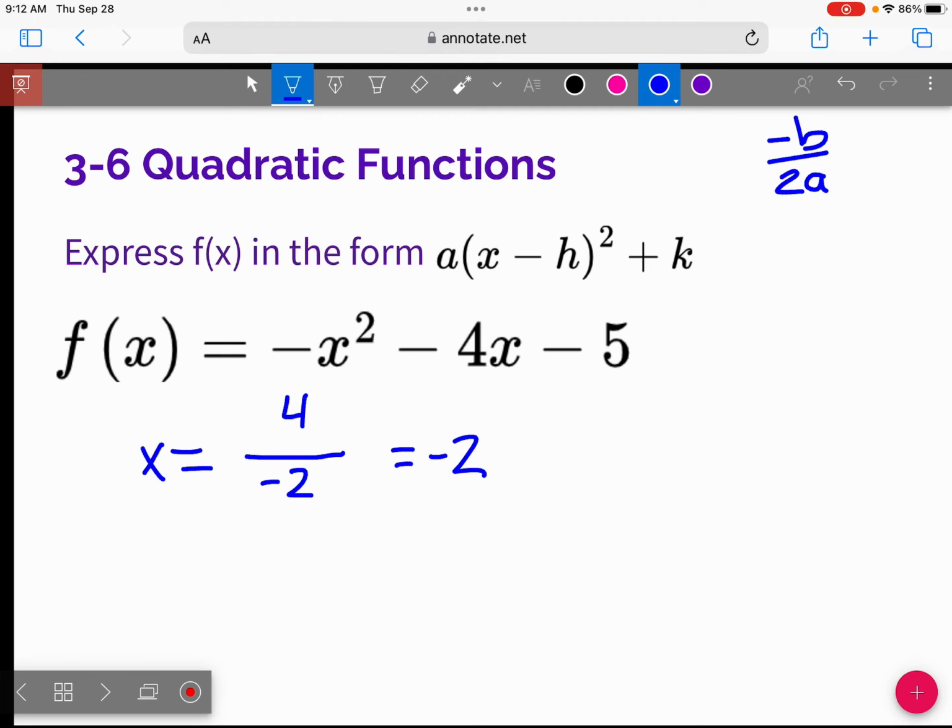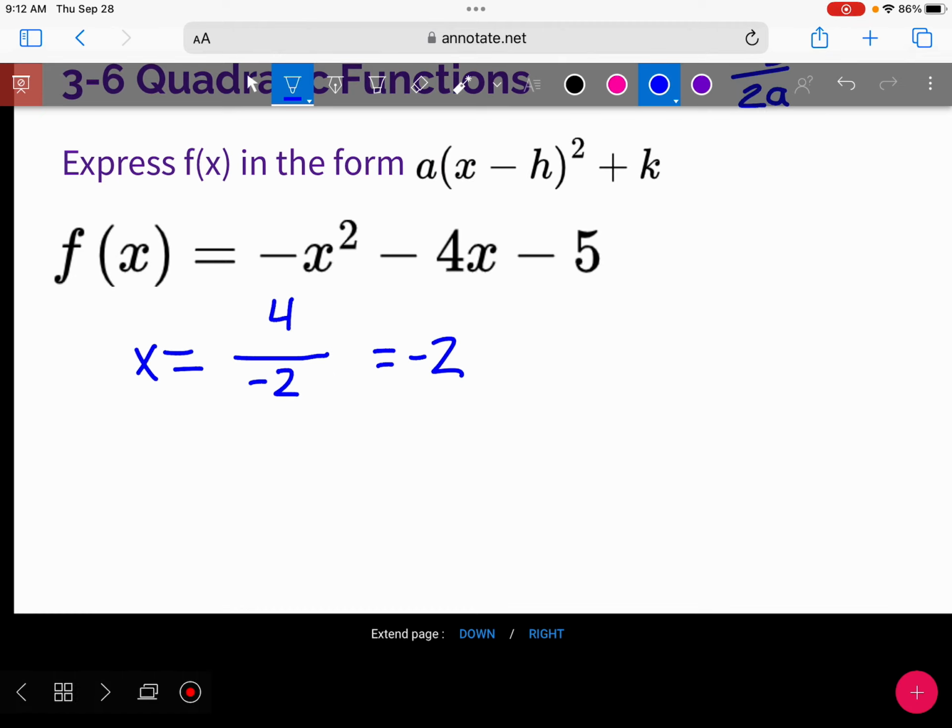Plug it in, substitute it in, into the equation. So we're going to do f of, we're going to practice this notation because some of us struggled with this on the homework. f of negative 2, we're going to substitute our -2 into our f of x.